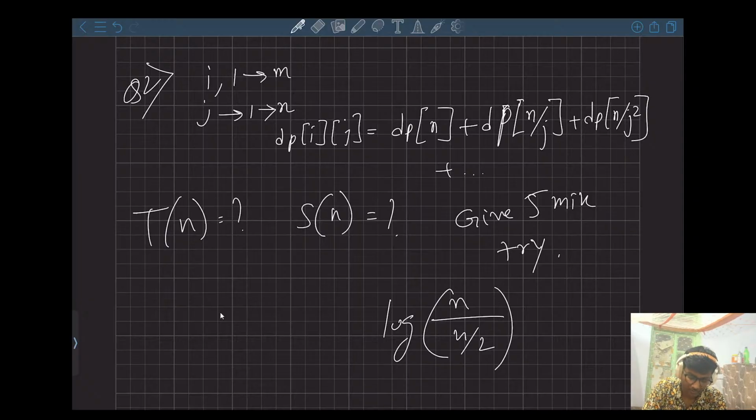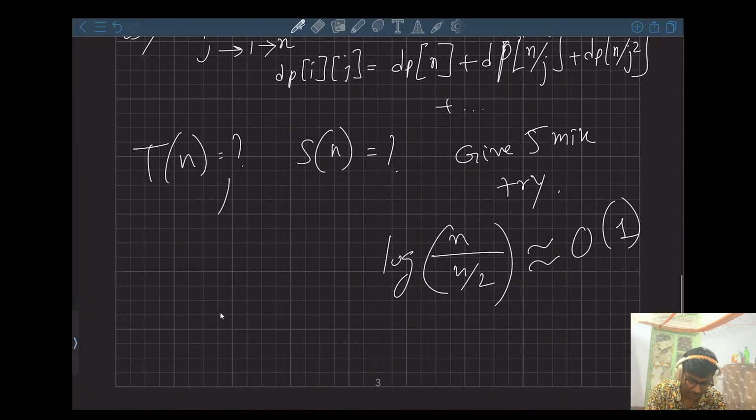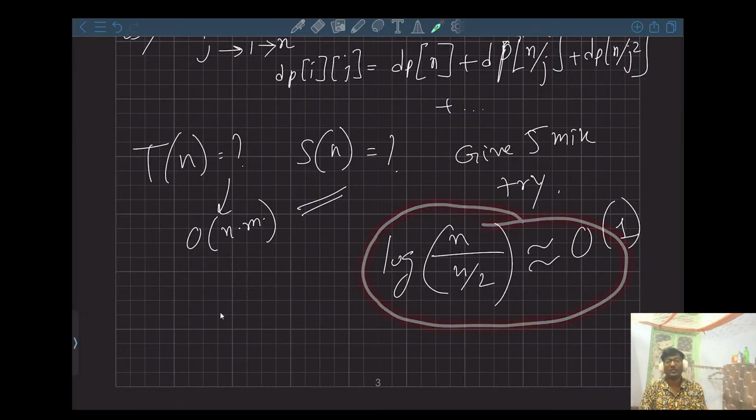So constant, right? So that means time complexity will be order of n squared, which is the number of states, and space complexity will be the same. This idea was very important, that this is not log n, this is constant.